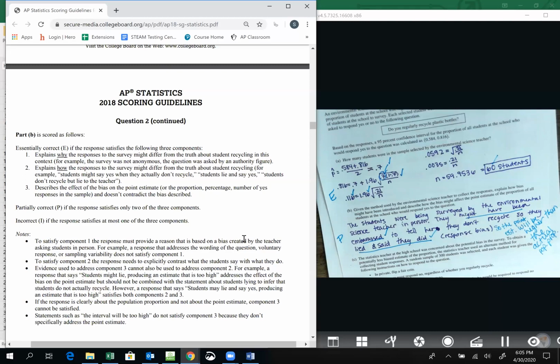However, a response that says students may lie and say yes, producing an estimate that is too high, works. Okay, so students may lie and say yes, producing an estimate that's too high. But just students might lie, producing an estimate that's too high. They might lie and say yes. But I didn't have anything about the point estimate being too high.